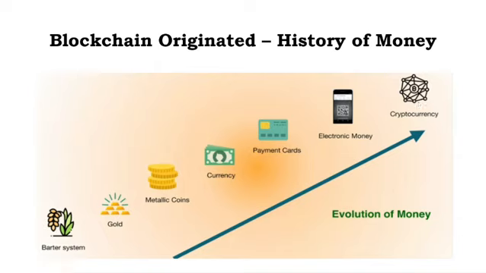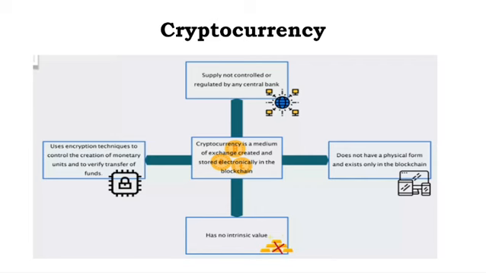This is how the evolution of money came, and how blockchain originated, with the help of Bitcoin and cryptocurrencies. With the help of cryptocurrencies, blockchain has validated transactions. This is about how blockchain originated.